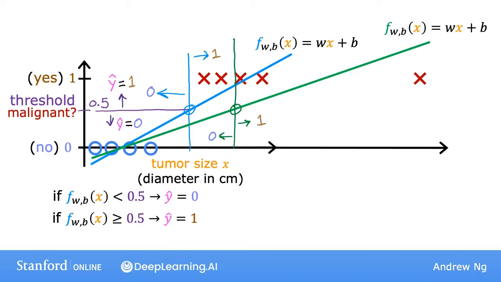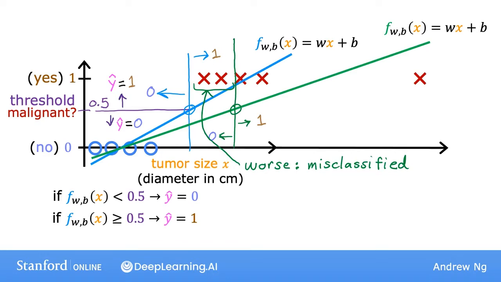This isn't what we want, because adding that example way to the right shouldn't change any of our conclusions about how to classify malignant versus benign tumors. But if you try to do this with linear regression, adding this one example, which feels like it shouldn't be changing anything, ends up with us learning a much worse function for this classification problem. Clearly, when a tumor is large, we want the algorithm to classify it as malignant.